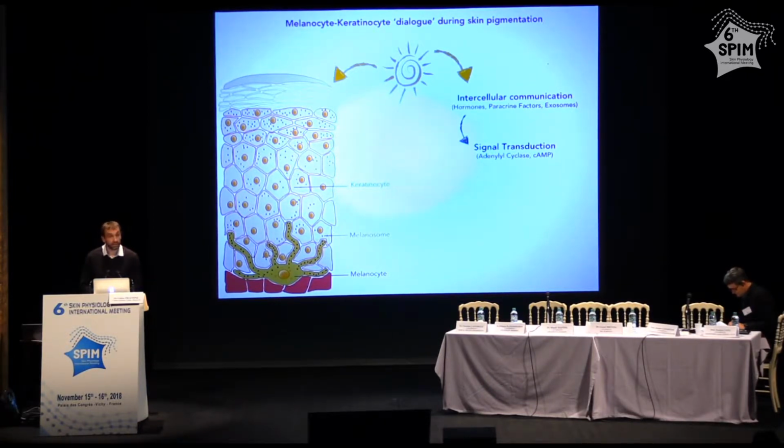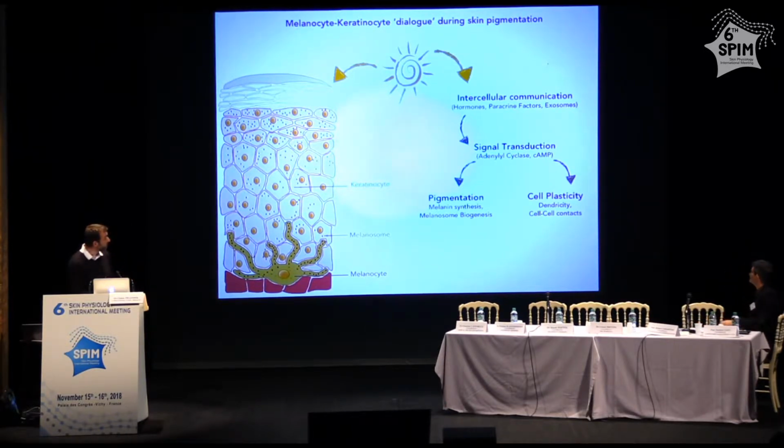This cyclic AMP is quite interesting in melanocytes, because it can lead to different phenotypes, or different processes, like pigmentation directly by promoting the transcription of genes involved in melanin synthesis and melanosome biogenesis. But in melanocytes, as in other cell types, the cyclic AMP can also help change the plasticity of the cell.